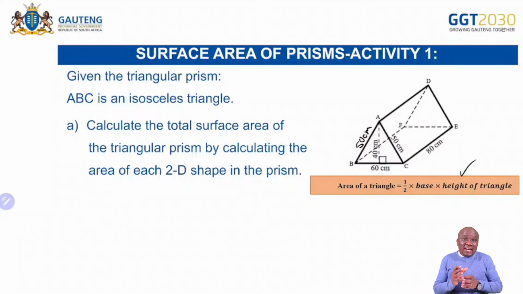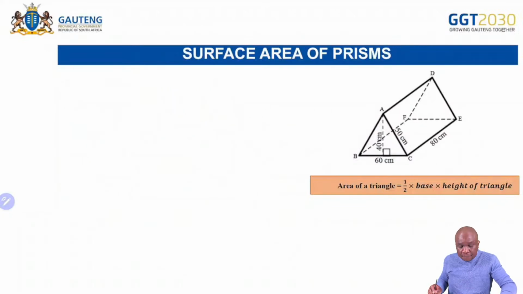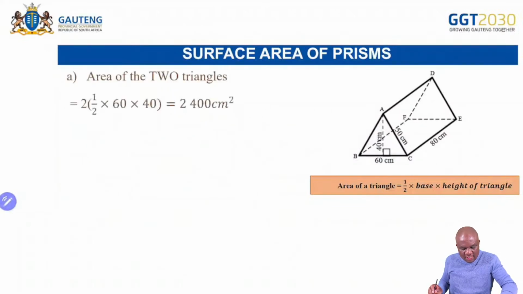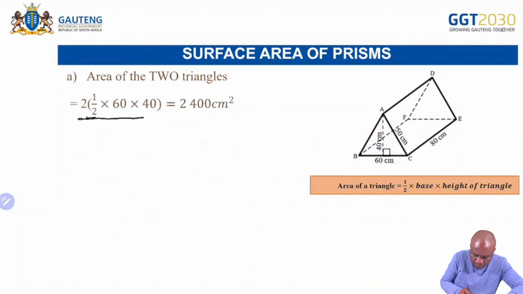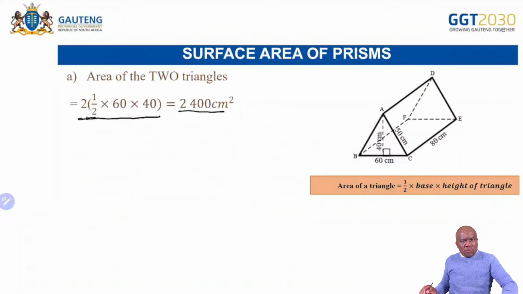So here we're using the height of the base. So the area of the two triangles is 2 times, because there are 2 of them, 2 times half times 60 times 40. And then we get 2,400 square centimeters. This is the area of the 2 triangles.